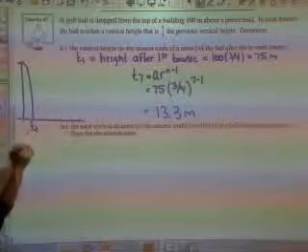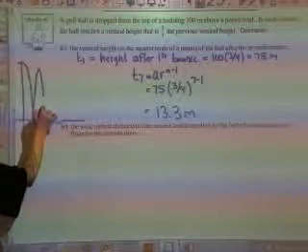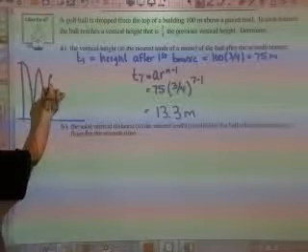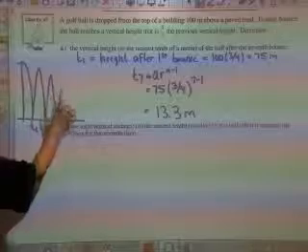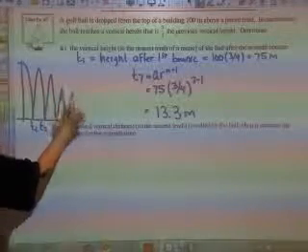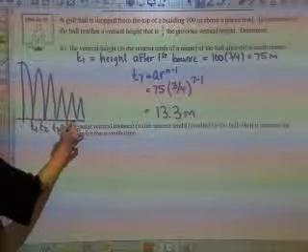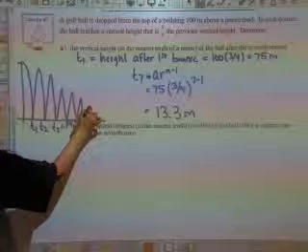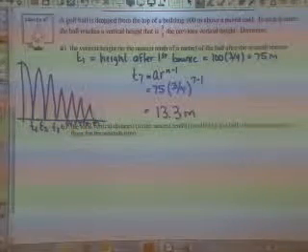This is the first bounce. Goes up to 3/4 of the height. Second bounce. Third bounce. Fourth. Fifth. 4, 5, 6, and there's where it reaches the 7th bounce.